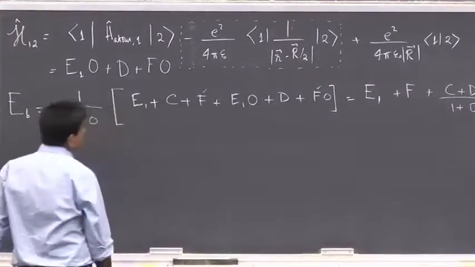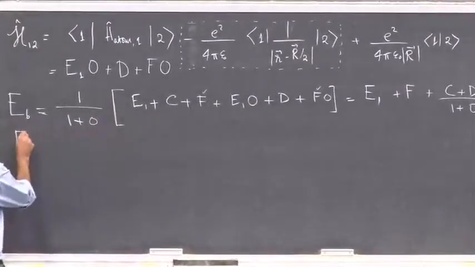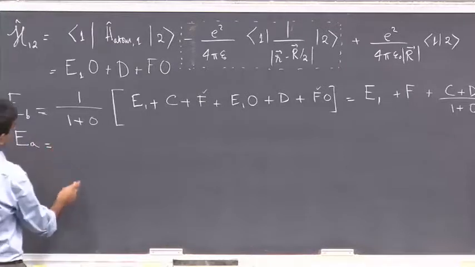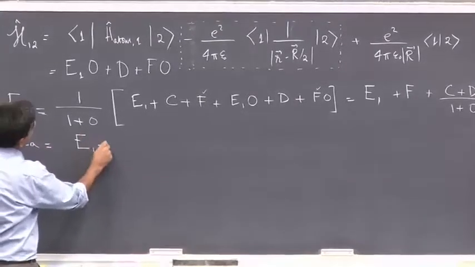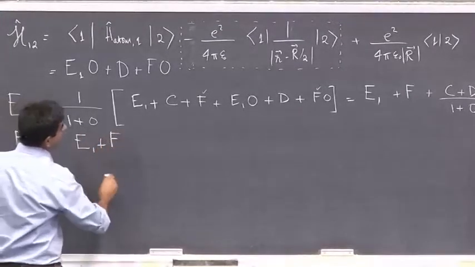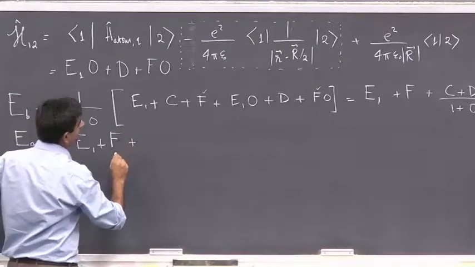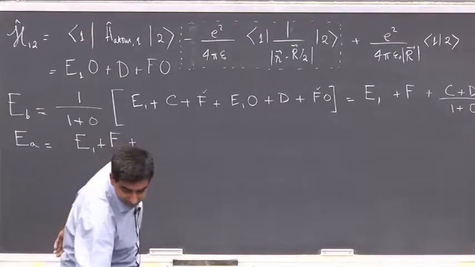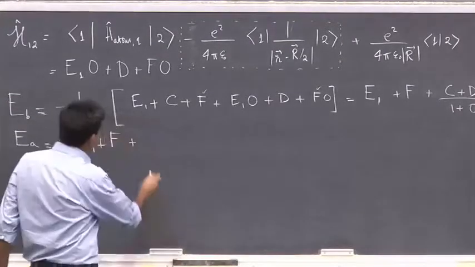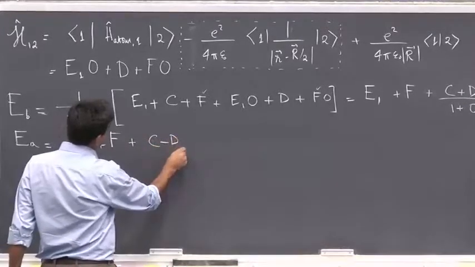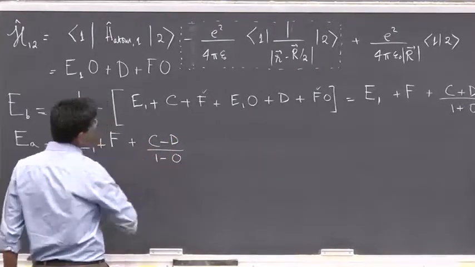Likewise, the energy of the anti-bonding orbital will be given by E1 plus F plus C minus D over 1 minus O.